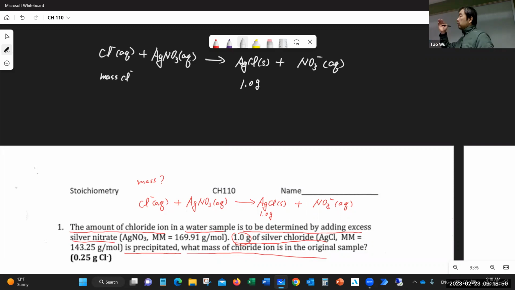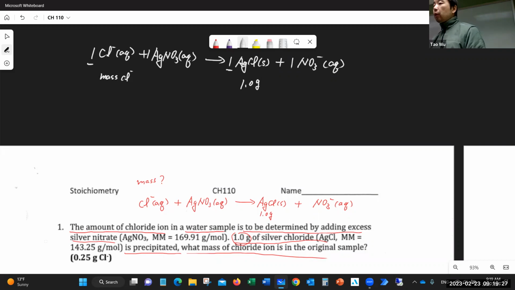Now, every time you do stoichiometry, especially like this, I recommend you draw a pathway to solve the question. Draw a pathway. Since the coefficients, I think this is already balanced, this is just 1 to 1 to 1 to 1. Everything is 1. The 1 to 1 here is the mole ratio. It's not the mass ratio.